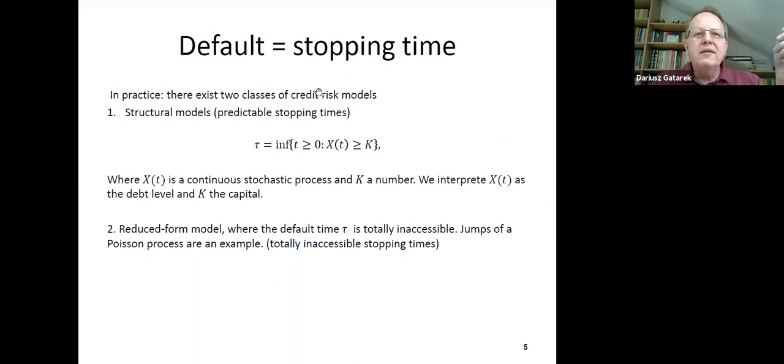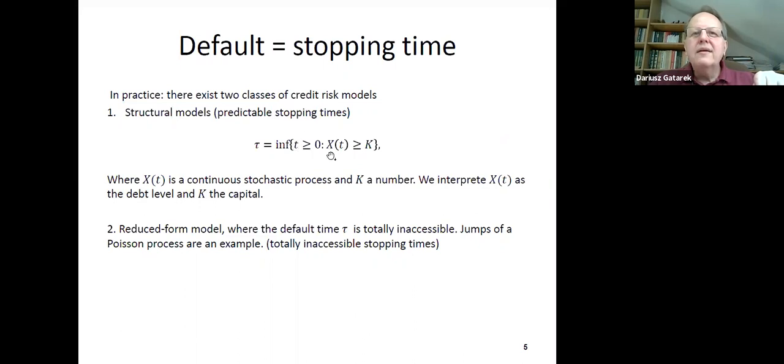One is structural models, where we get a stochastic process describing, I don't know, company assets or its state one way or another.